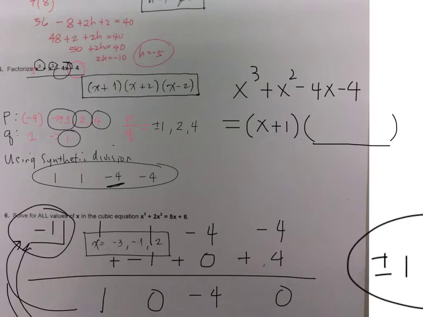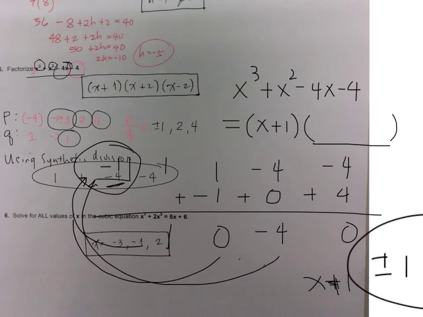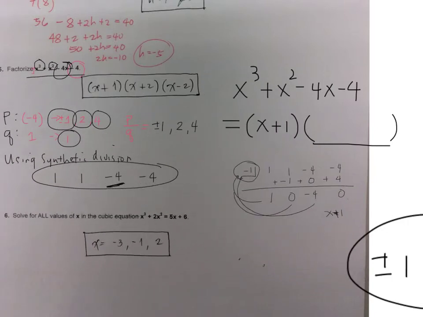If we go back to what we had a while ago, note that minus 1 worked and we got these numbers on the last row, 1, 0, and negative 4. You will be getting the other expression from this number. This means 1x squared, that's 1, 0x minus 4. In simplest form, it is x squared minus 4.